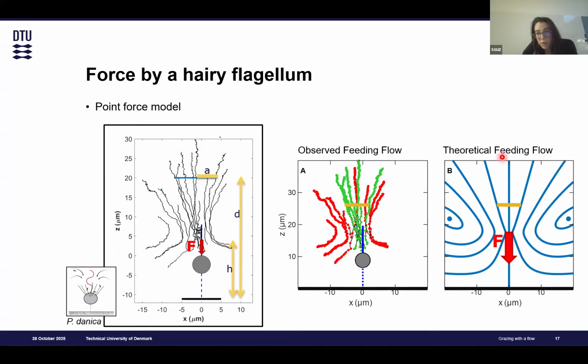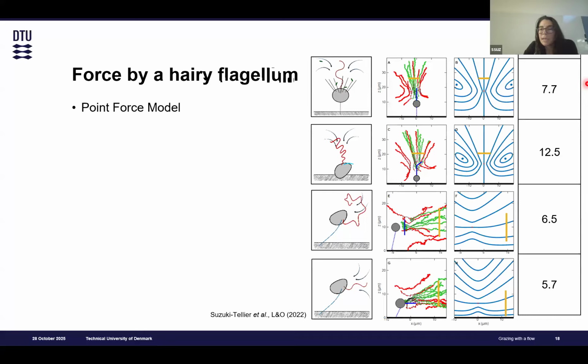We produced these theoretical feeding flows, which were compared to our experimental observations to make sure we were getting something that made sense. Then we obtained estimated forces that these flagella are producing to clear such great amounts of water.